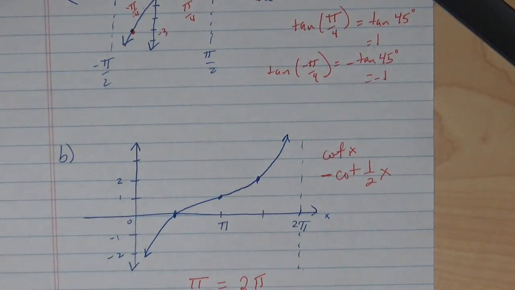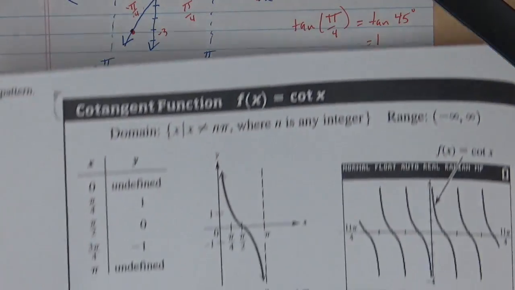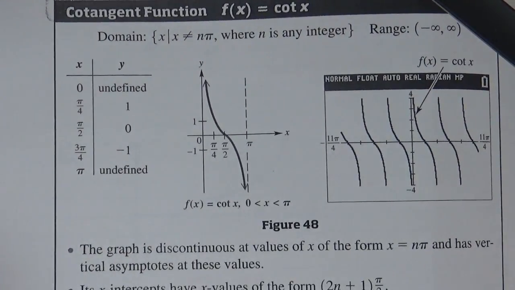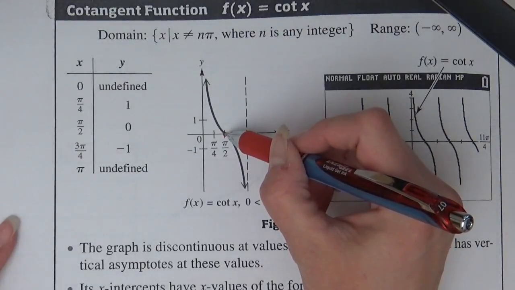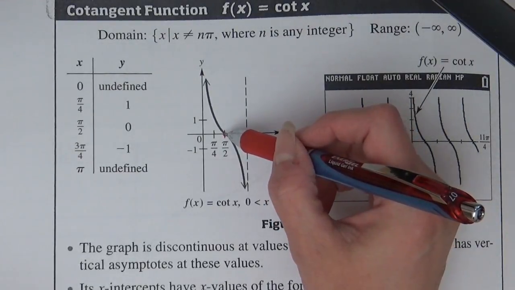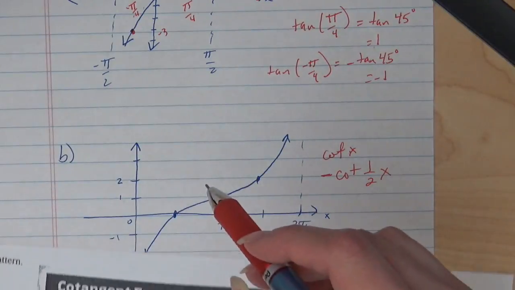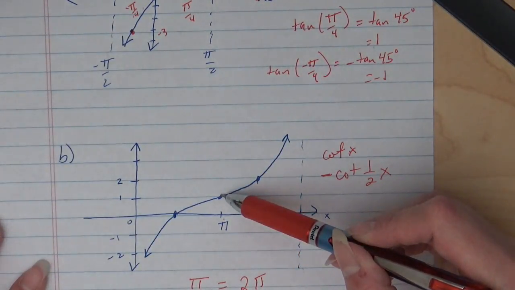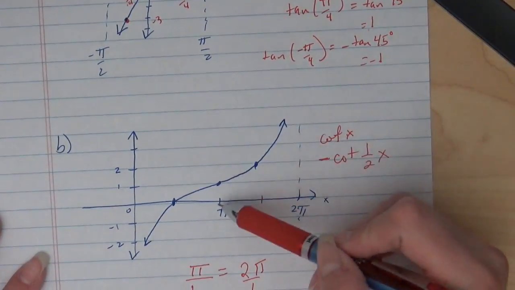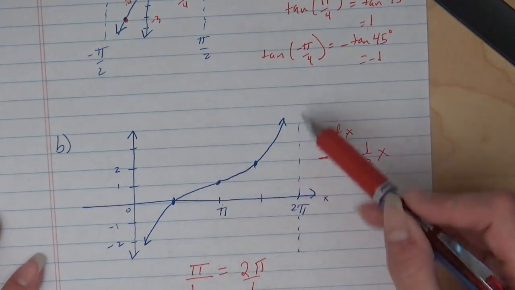Is there anything else happening with this? Go back to the original. Look at that original x-intercept. It was at pi over 2. Now, it looks like the x-intercept has been shifted up 1 unit. If the x-intercept is moving up, that means the entire graph is moving up.